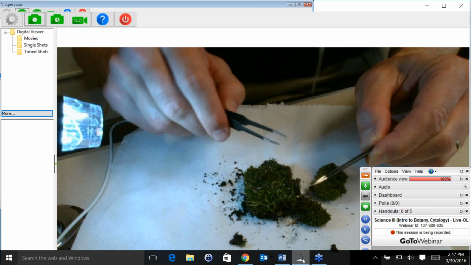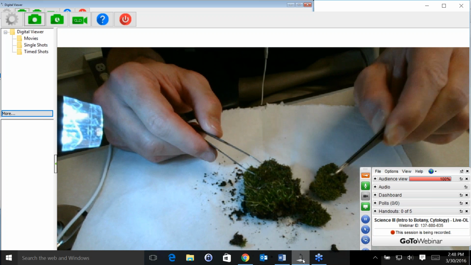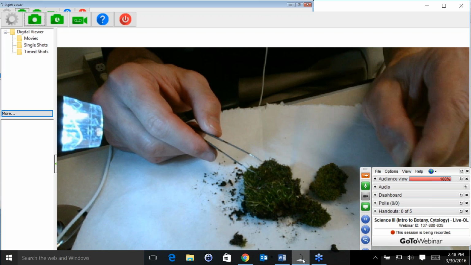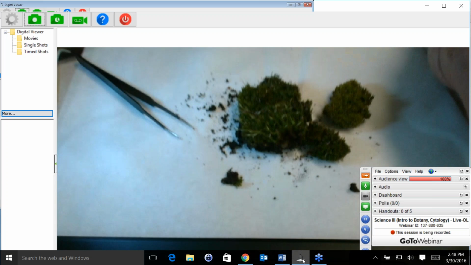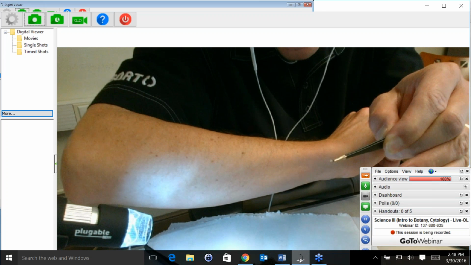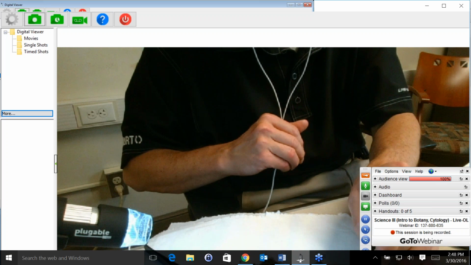I just took the capsule out of one of the sporophytes here. I don't think you can probably see it. Let me see if I can show it. No, it's too close. There, you may be able to see it, but it's very, very small.